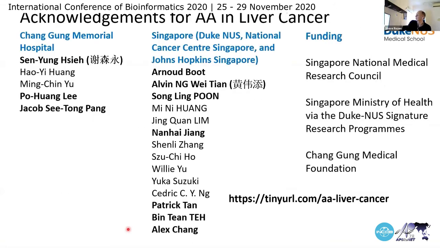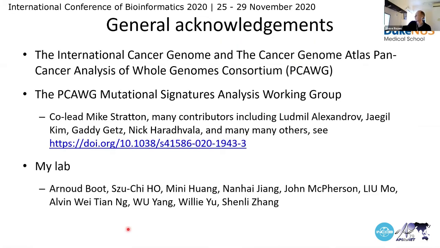Okay, so I just want to flash this. It'll be on the slides for people to look at later. This was the AA liver cancer paper, and these are some general acknowledgements.